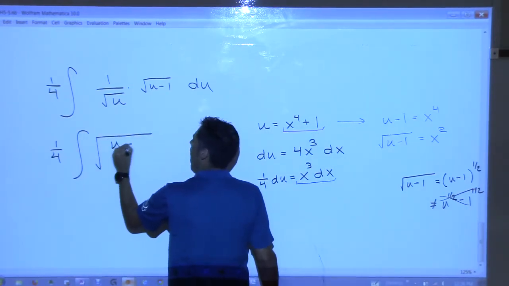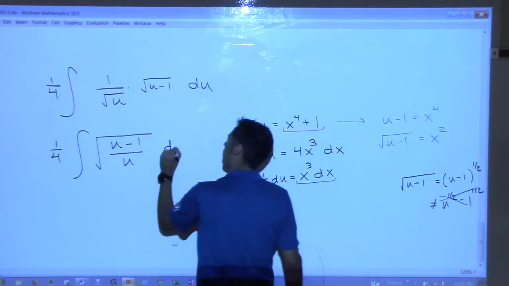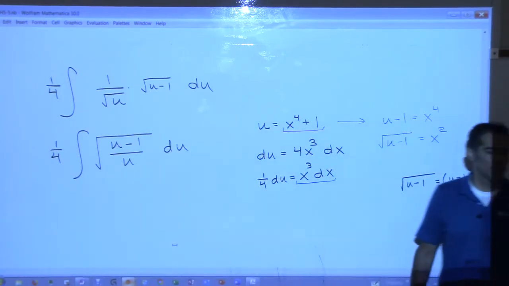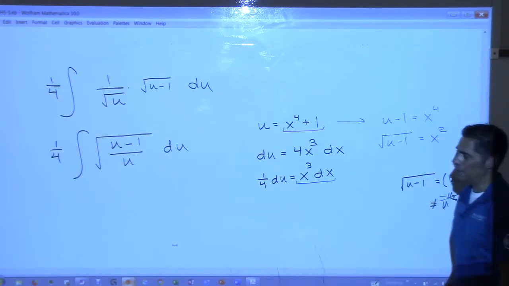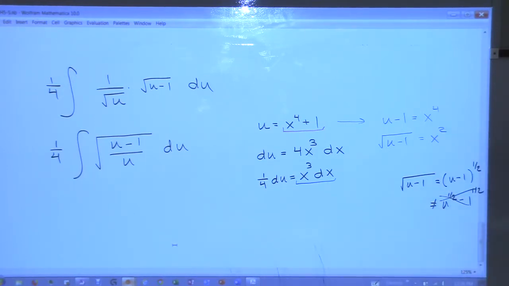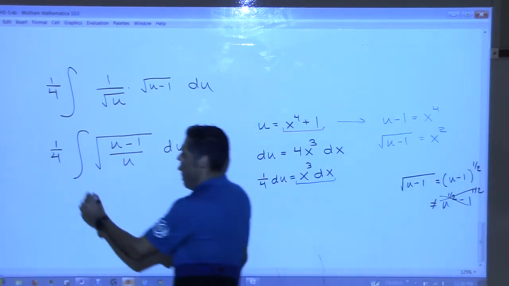How about just doing this? You have a root on the top and a root on the bottom, right? So if you have a root on top and a root on the bottom, you can just put them underneath the same root. Do y'all agree? Now I'm not sure we've gotten ourselves any closer to the result here.